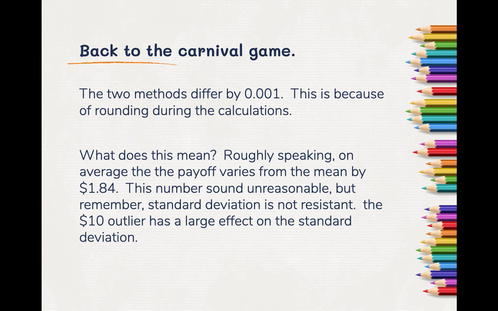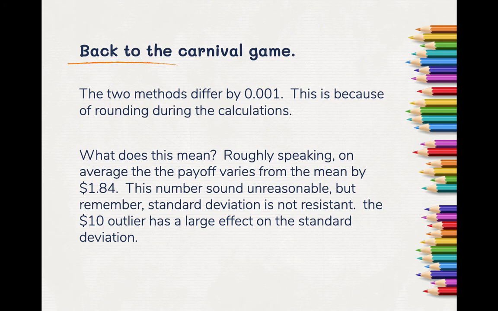If we look at this, the average payoff varies from the mean by $1.84. That's quite a lot. But one of the things you have to remember is that standard deviation and mean are not resistant. That $10 outlier has a large effect.